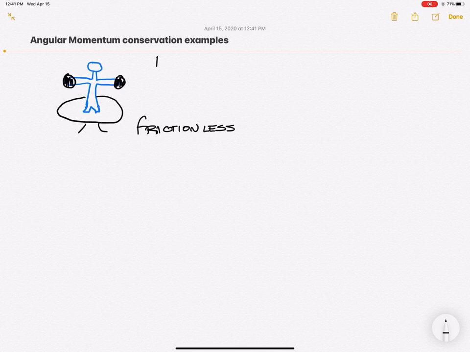So these masses will be 10 kilograms each. And the separation between them, this distance L, will be 1.6 meters.